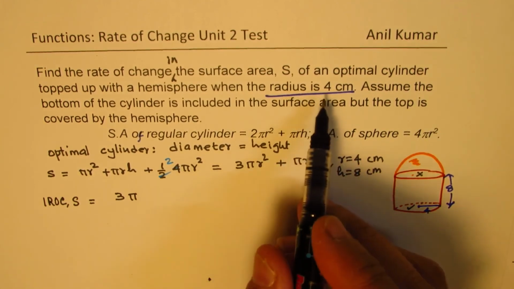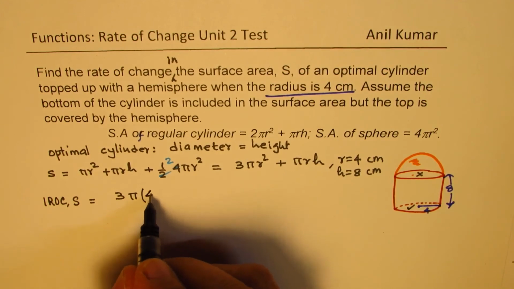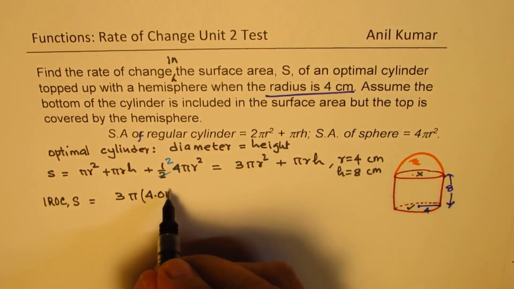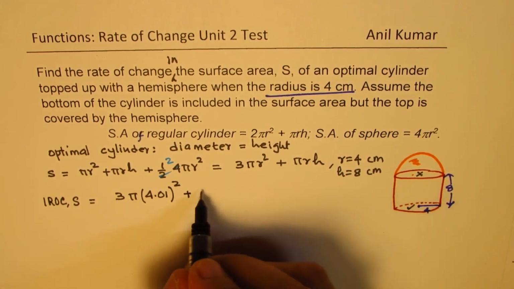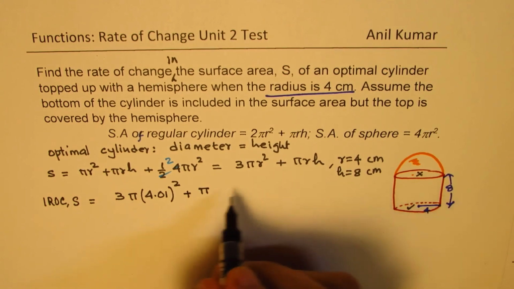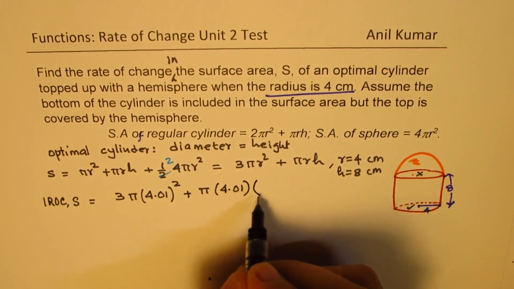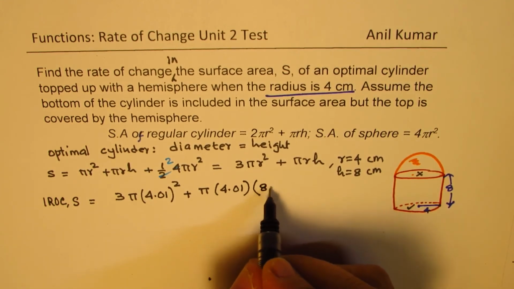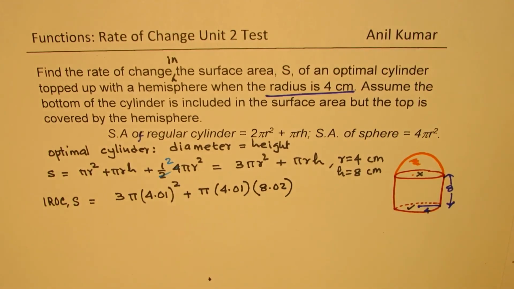Okay, we'll keep it simple, 4 and 4.1. So first we'll take r as 4. You can write 0.1. We're just doing calculations with a calculator, right? So plus pi r here will be 4.01 times height, which is twice this, so it is 8.02. So that is the surface area when it is 4.01.